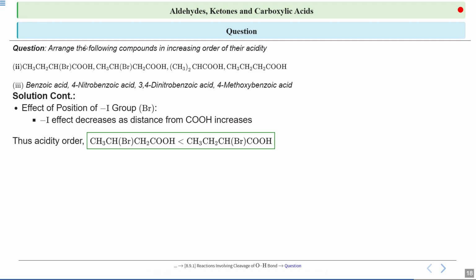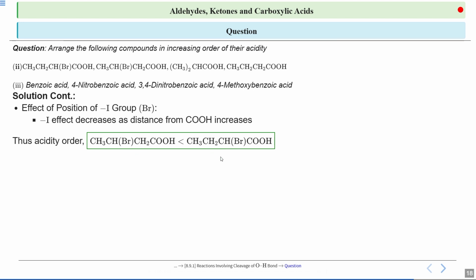If you see over here, the bromine is attached to the second carbon and here the bromine is attached to the third carbon. The inductive effect decreases as the distance from COOH increases. So here the distance is increasing, so this acidity will decrease.